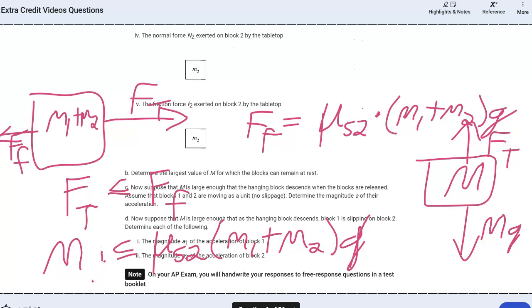Actually, I'll erase them to be fancy. And we find that the greatest m can be, and the blocks remain at rest, is mu S2 times m1 plus m2. Okay?